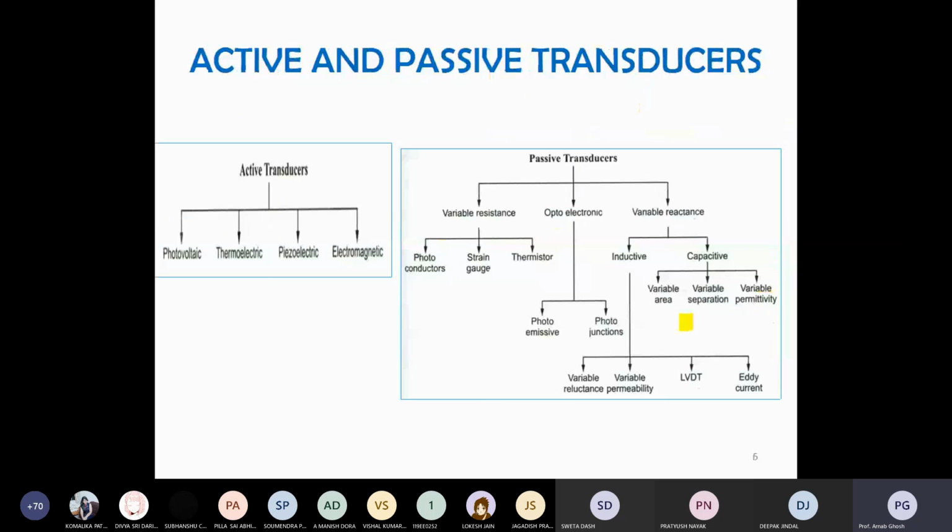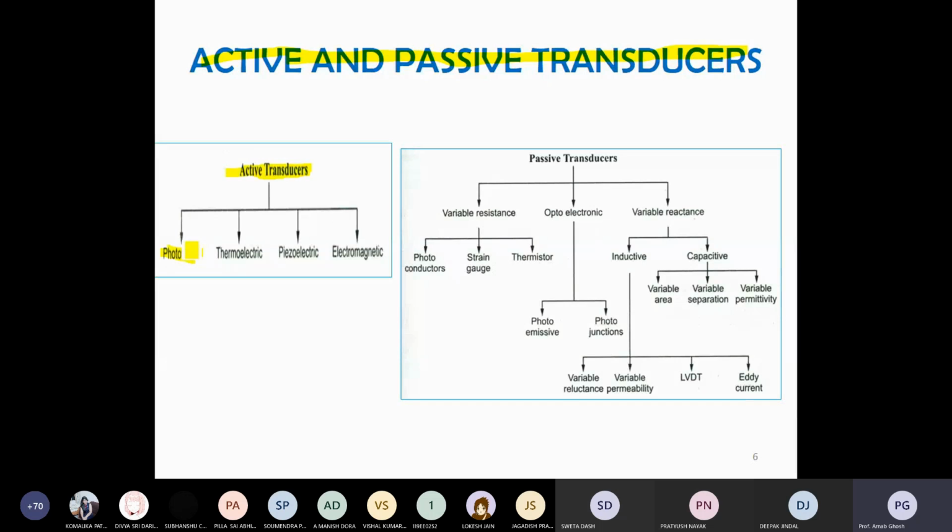Okay. So active and passive transducers may be categorized into a few concepts. Active transducer: photovoltaic. Photovoltaic means your transducer is affected by photons, solar energy.